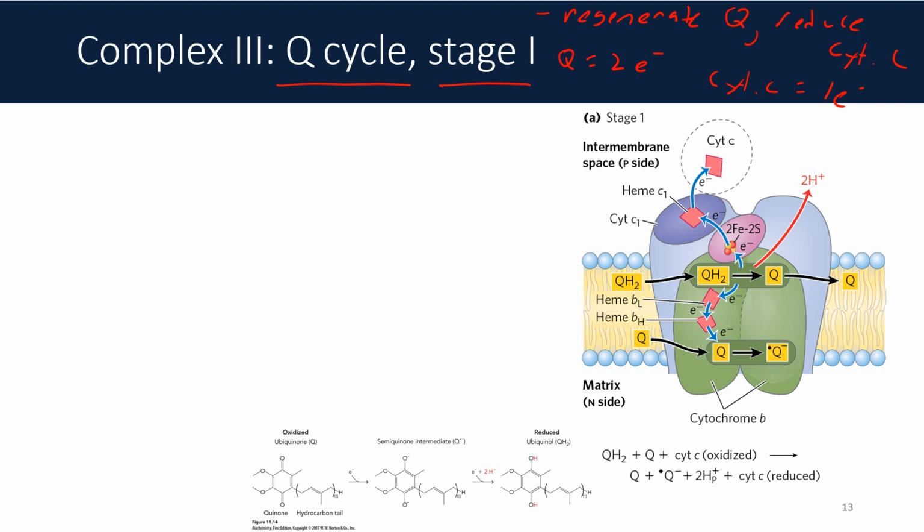Now let's begin. Step 1 of the Q cycle is 2 binding events. One QH2 molecule, which is reduced, will bind what's known as the P site. The P site is over here. Let's use a different color to highlight it. We use purple.